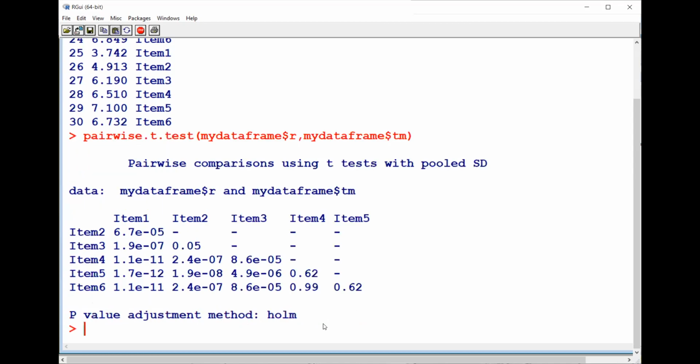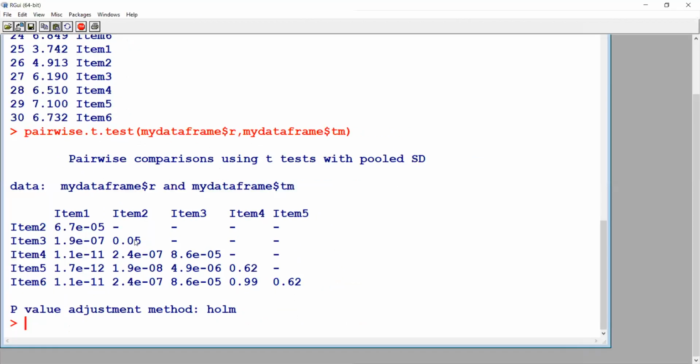You can see when you do this pairwise comparison, you will get an output like this, showing you the p-values. When you compare item 1 with item 2, the p-value is 6.7 into 10 to power minus 5. It's a very small value.